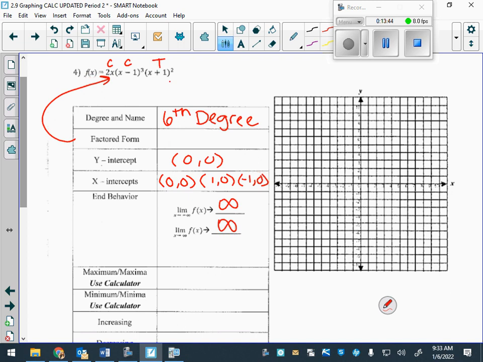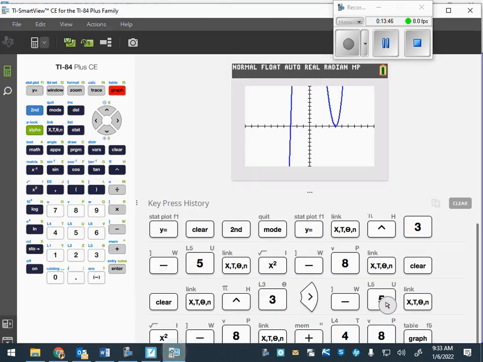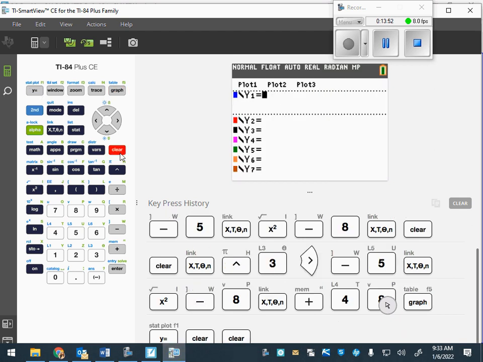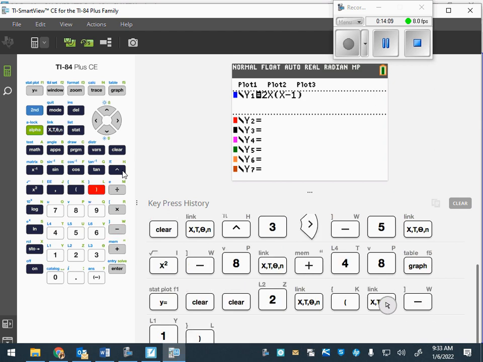Okay. So let's take out our calculators. Go into y equals. And we're going to enter in 2x, parentheses, x minus 1.